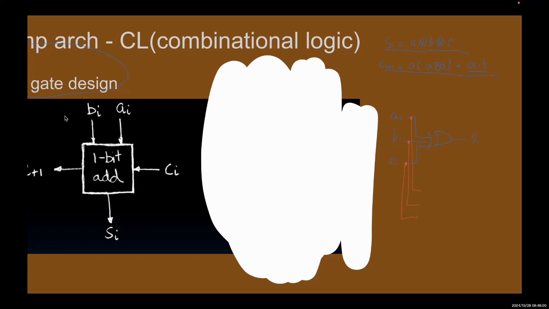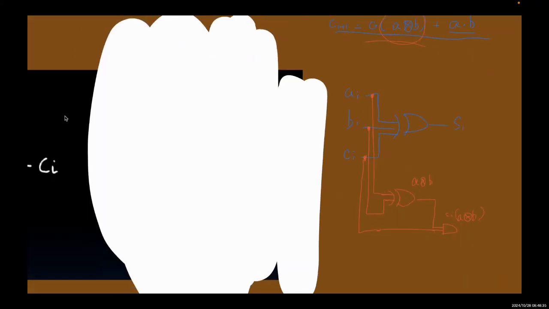And we do the other one, which is A XOR B first. This is A XOR B. And we AND with C, sorry. And with C. So this is A XOR B and C. It's a little ugly.